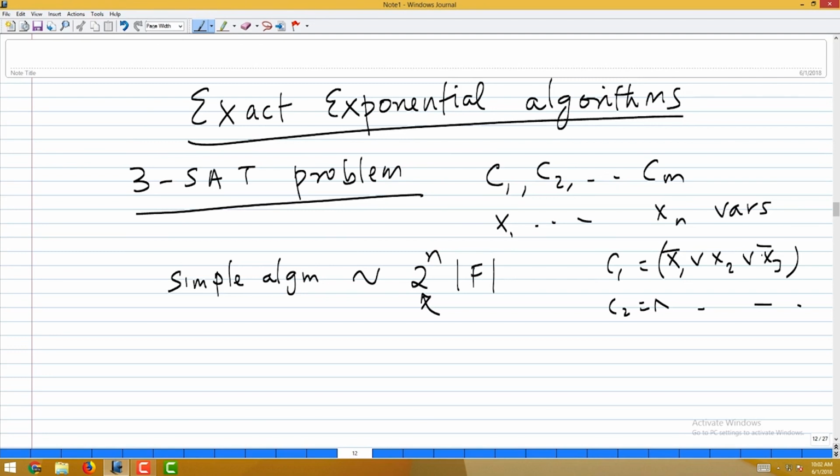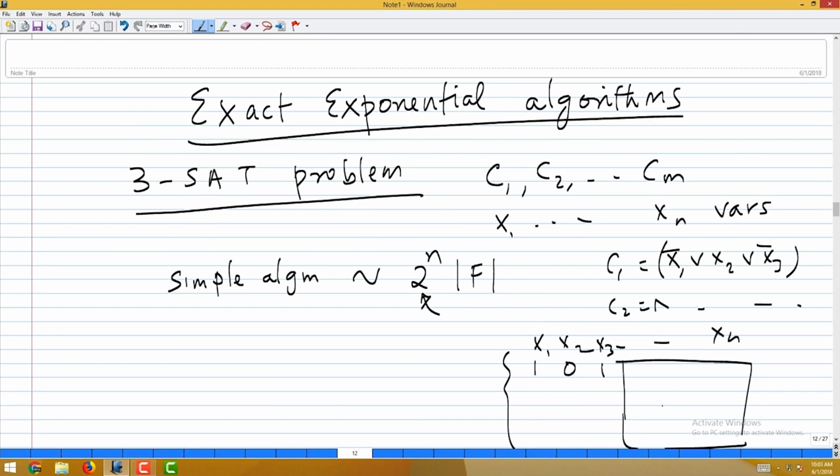So, what is this? x1, x2, ..., xn, there are 2 power n assignments, and what he is saying is x1 equal to 1, x2 equal to 0 and x3 equal to 1, and I do not care what the other variables are, do not bother checking. So, I save so much.